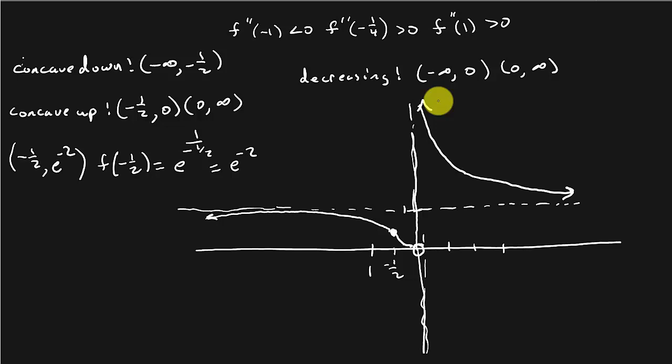First, find the derivative, find your critical numbers, and then plot them on the number line to get increasing, decreasing, and your local max and min. Then you take the second derivative, set it equal to 0, and plot those numbers on the number line. That's going to determine your intervals of concavity, and wherever it changes concavity, that's your inflection points.